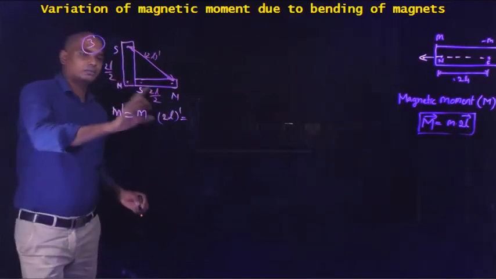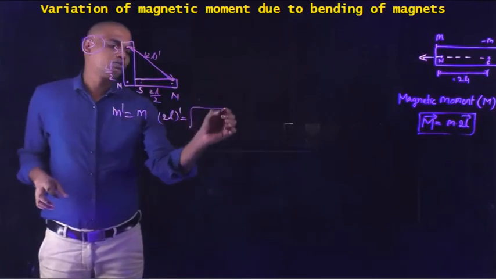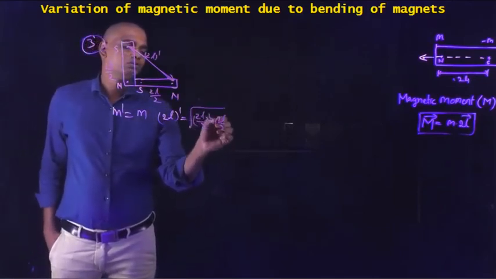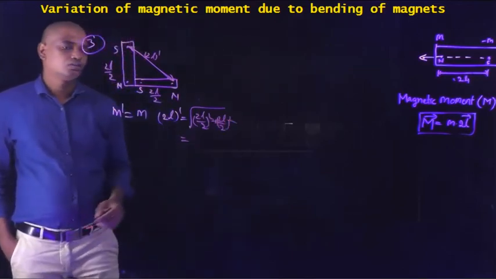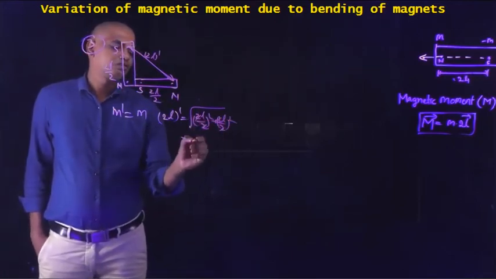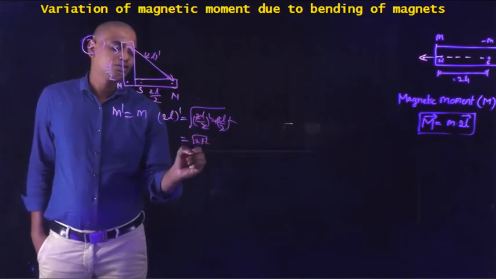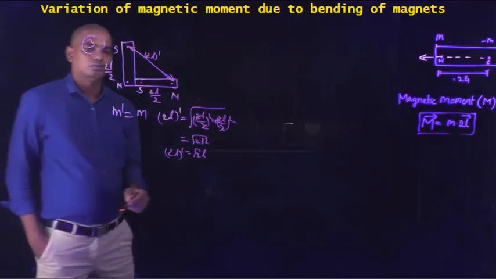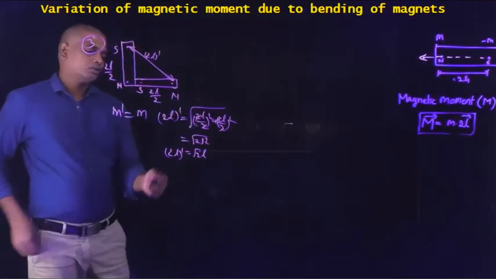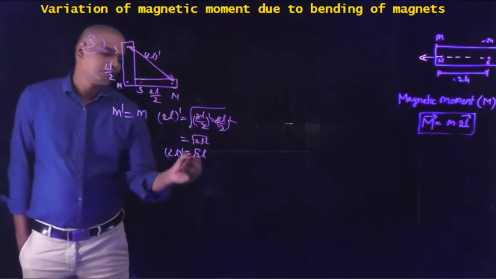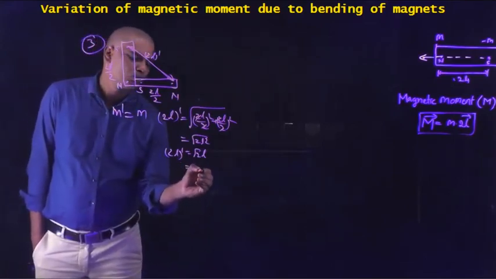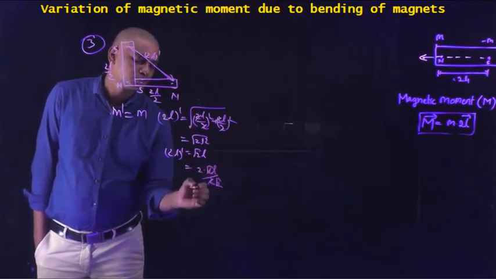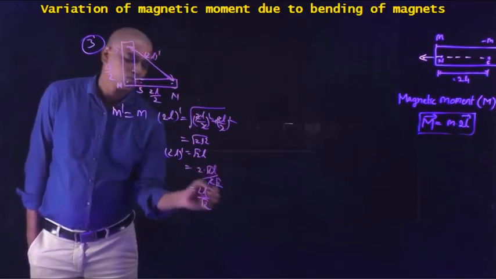As it is forming a right angle triangle, 2l dash is equal to root over (2l by 2) whole square plus (2l by 2) whole square. That is equal to, here 2 gets cancelled, l square plus l square, 2l square, that is equal to root 2 l. So 2l dash is equal to root 2 l, which can be written as 2l by root 2.